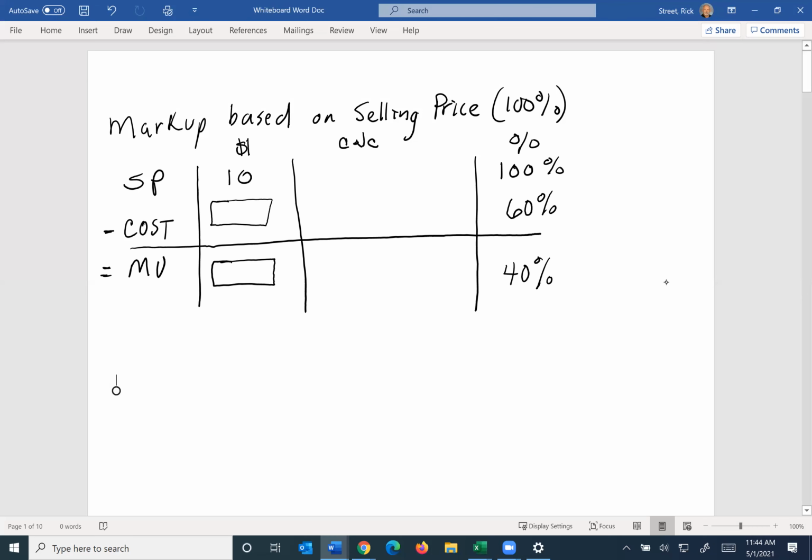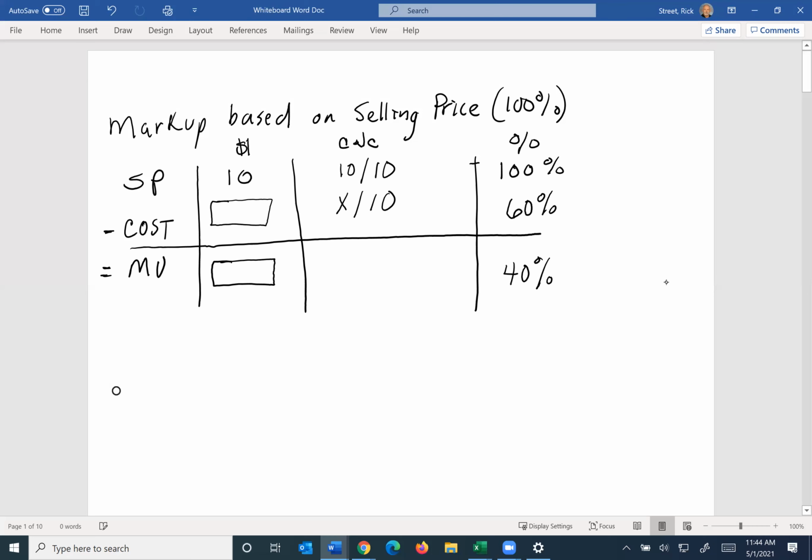Now let's look at the calculation of it. So if the $10 selling price is 100%, well, then we can say that 10 divided by 10, which is the base price, is 100%. So if we don't know cost, then we've got cost divided by 10 equals 60%.